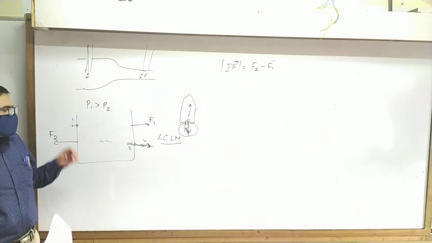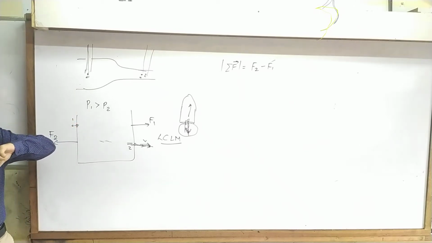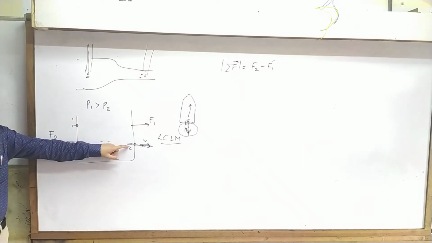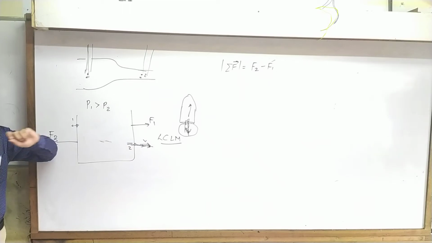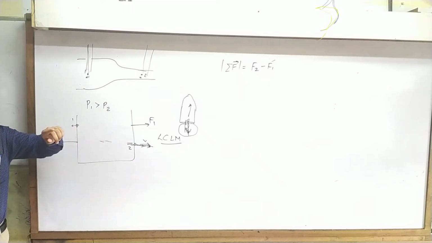Okay, now see, it's possible that some of you still don't understand why F2 is greater than F1. Very simply put, this hole is lower, so fluid will come out faster. What's the formula? Under root 2gh.